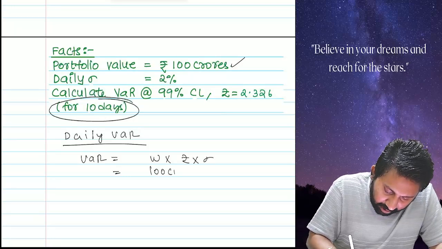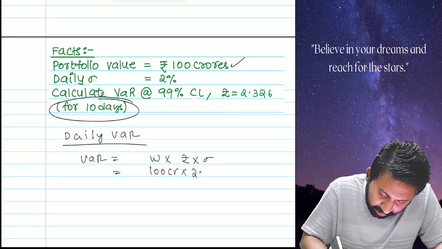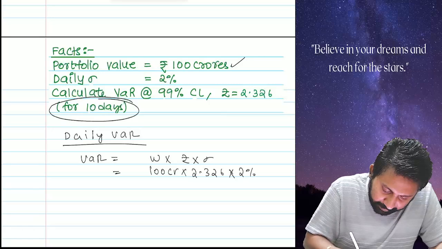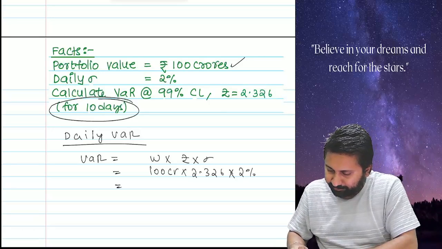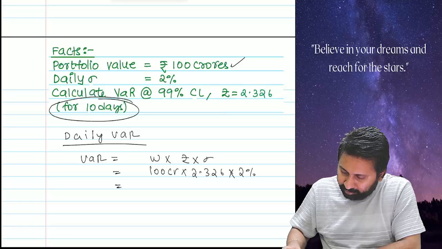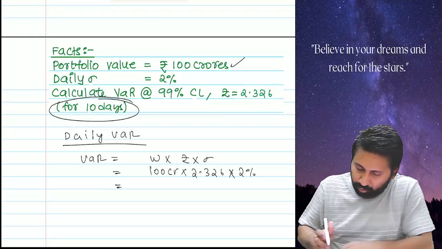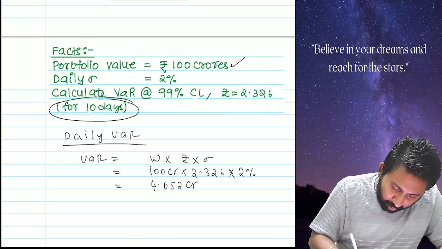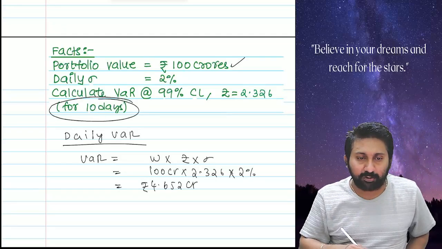Wealth 100 crore into Z value into standard deviation 2%. Okay, 100 crore into 2.326 into 2%, 4.652 crore.